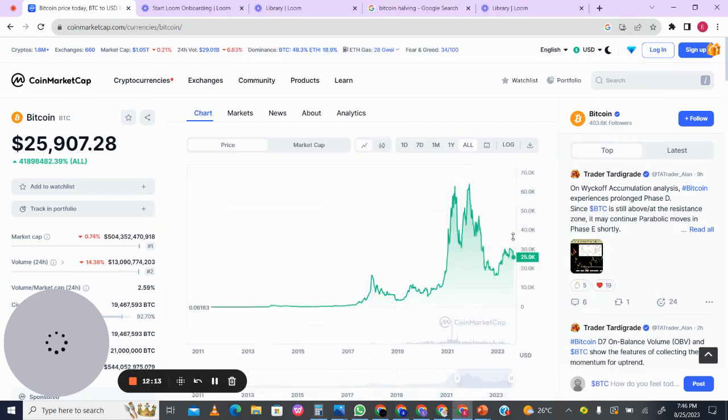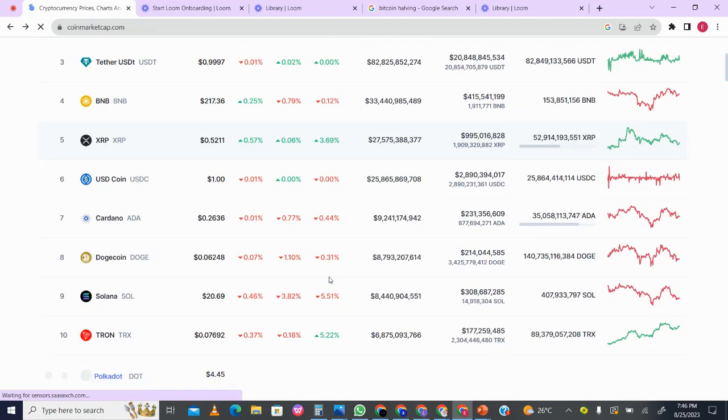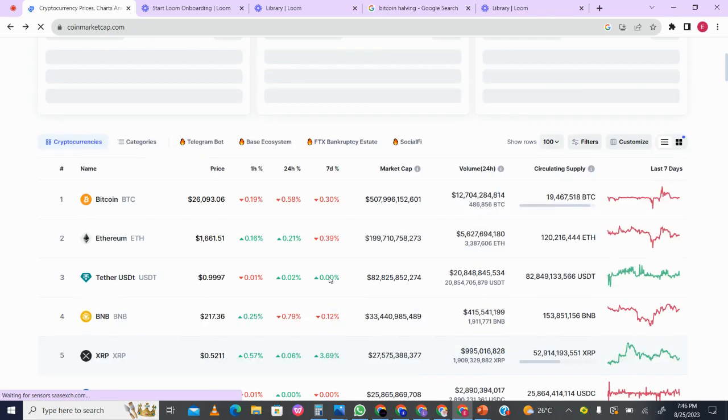So right now, experts are saying that Bitcoin is going to register up to $148,000 in the coming Bitcoin halving. So when it hits that, how will you be able to take advantage to make money out of it?